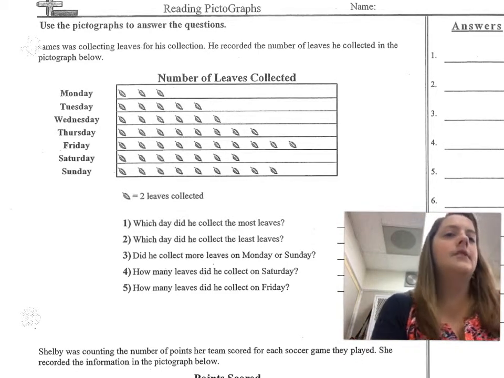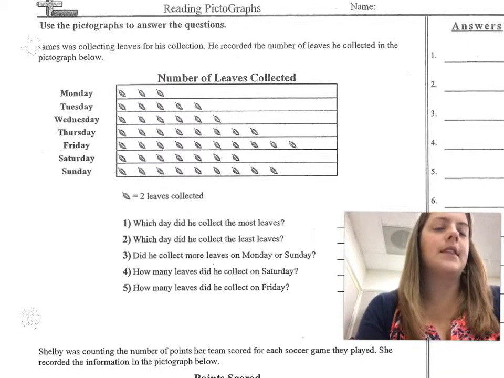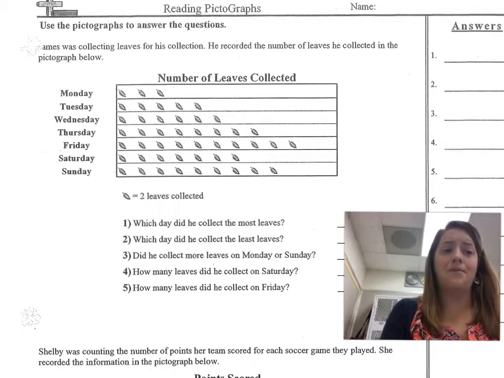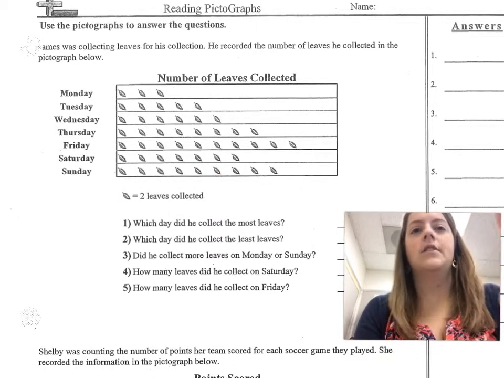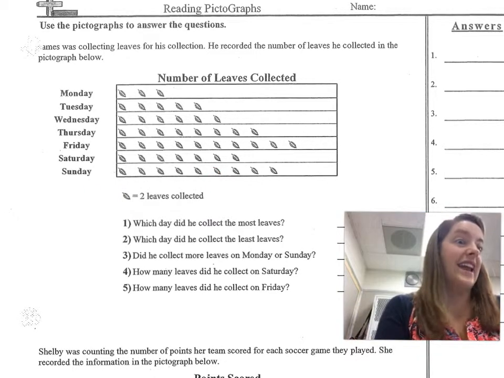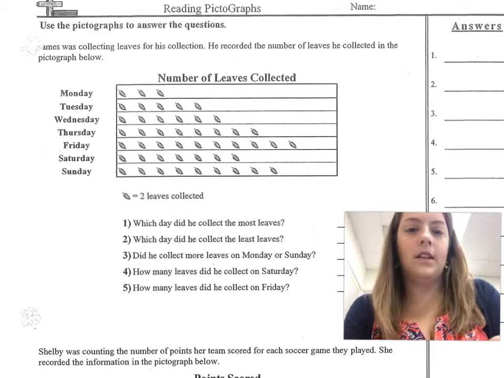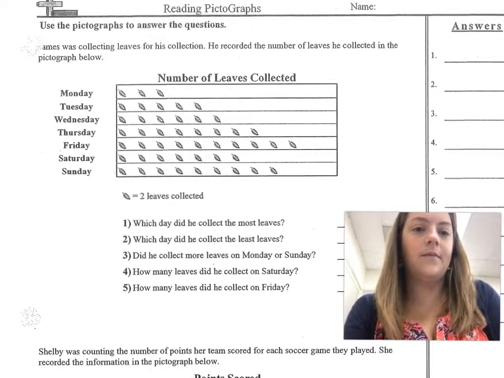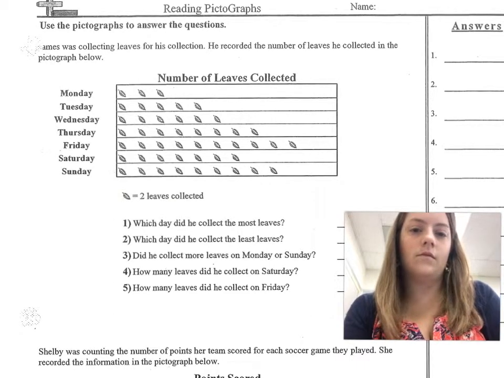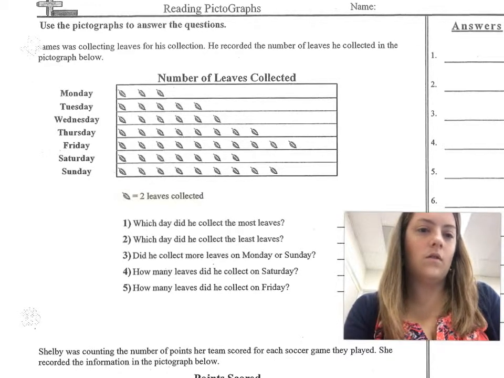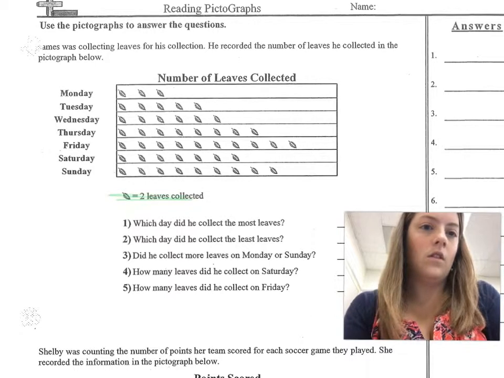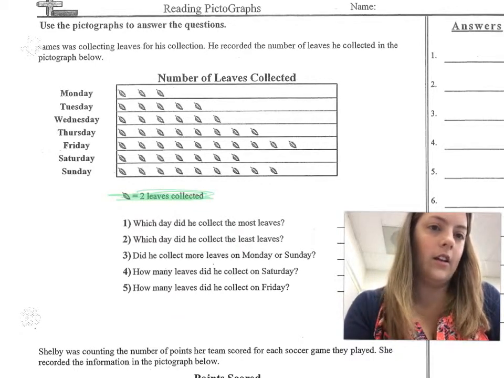Now pictographs use pictures to represent things, and this is very, very important because each of these leaves represents 2 leaves. So if you see down here, I would get a highlighter probably. Let's see if Miss Lewis can get a highlighter going here for you. So, just got a green highlighter here.